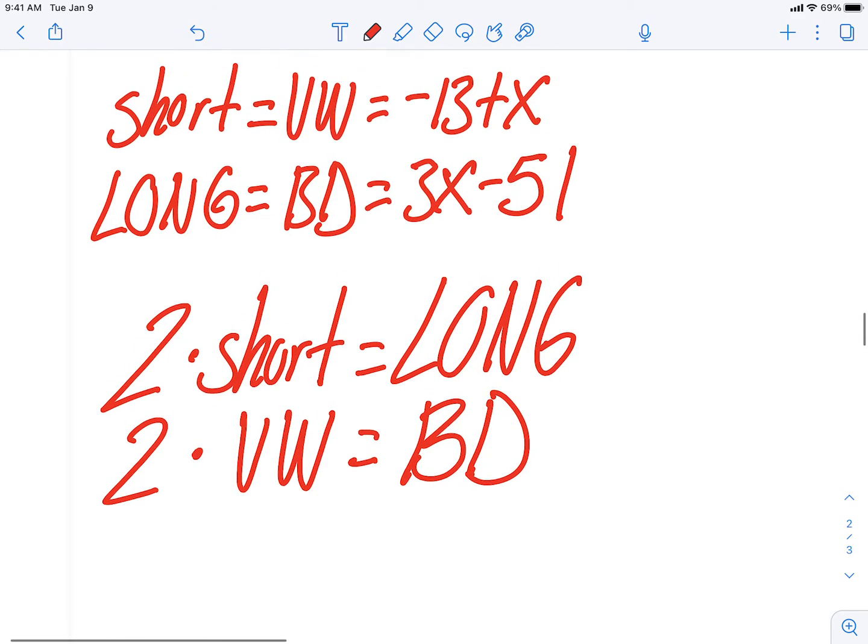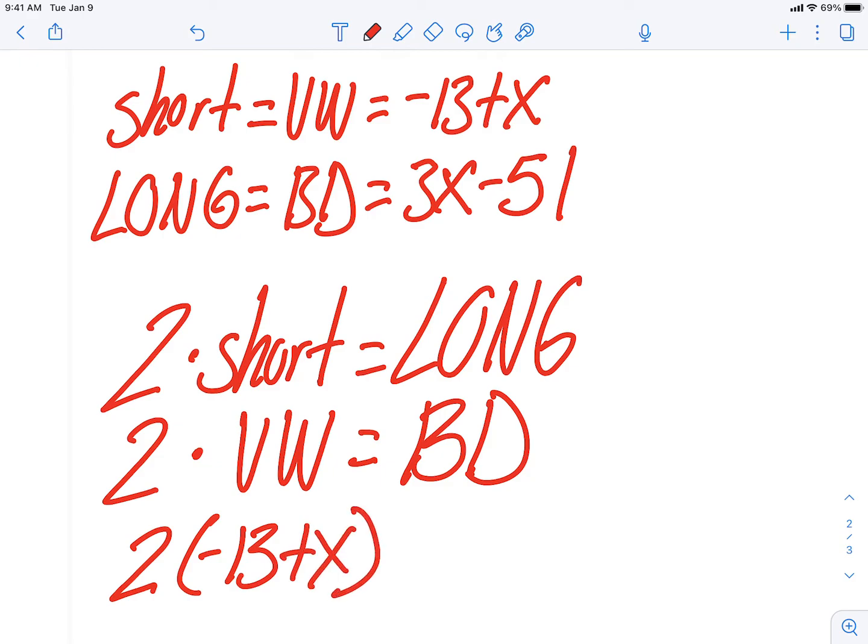Now let's substitute our values. VW here is negative 13 plus x. 2 times negative 13 plus x is equal to BD, which is 3x minus 51.